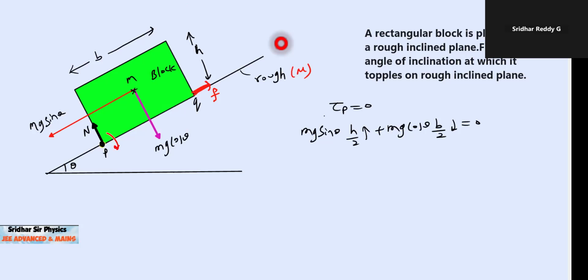Torque due to mg sin theta will be anti-clockwise. The block will topple if torque due to mg sin theta is greater than this. We are assuming like this. So minus, plus, mg will get cancelled out. So sin theta h plus cos theta b equal to 0, or tan theta equal to b by h. Clockwise we will assume negative, anti-clockwise we will take positive.